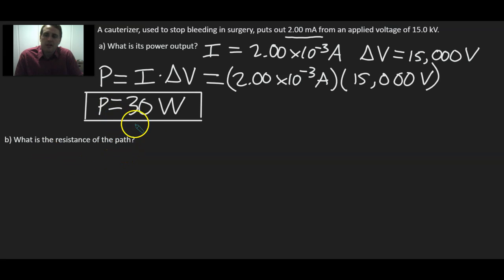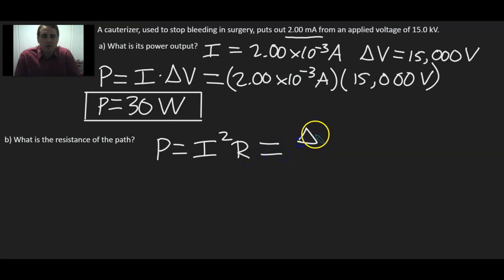Next, what's the resistance of the path? Well, since we have this power calculated already, we know that power has two other versions. It's also equal to current squared times resistance. It's also equal to voltage squared over resistance. Okay? So we can use either of these forms. Why don't we use, say, this first form?